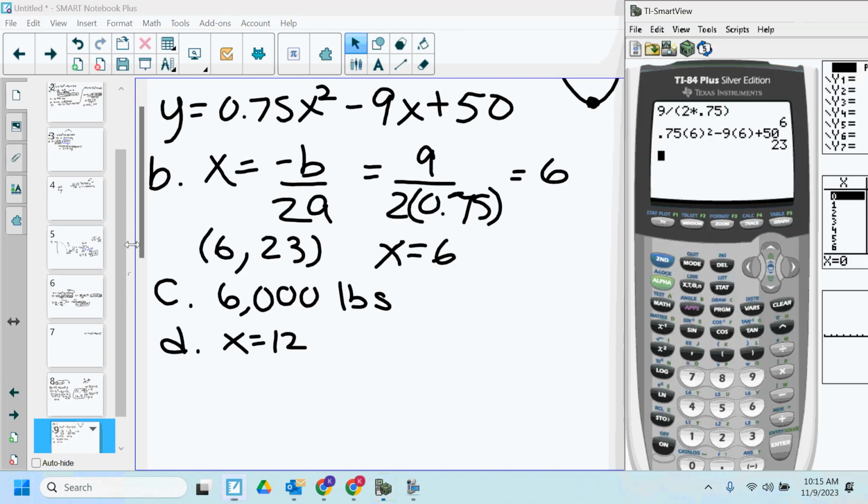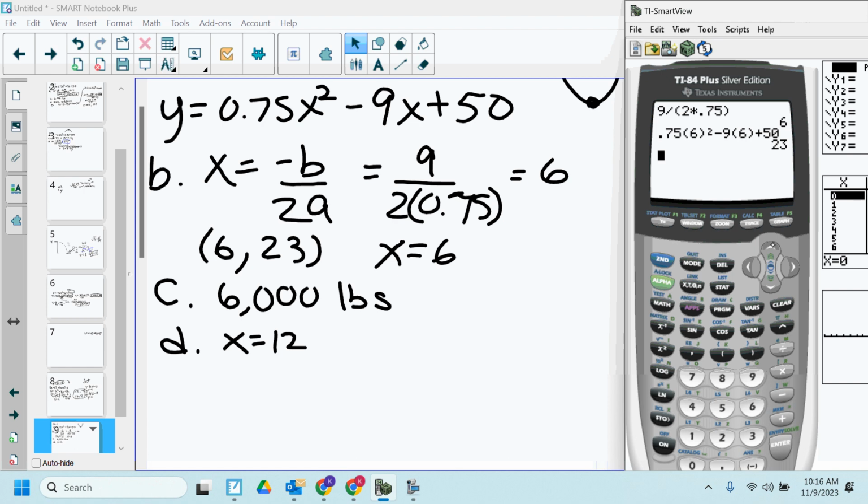Hey, there we go. And guys, do I have a trick for you? Are you ready for this trick? This trick is called copy and pasting. How we copy and paste with our TI is, if you have not hit clear yet, you can see that line with the 0.75 and 6 squared.